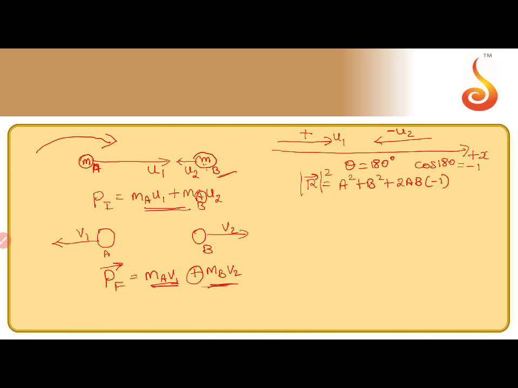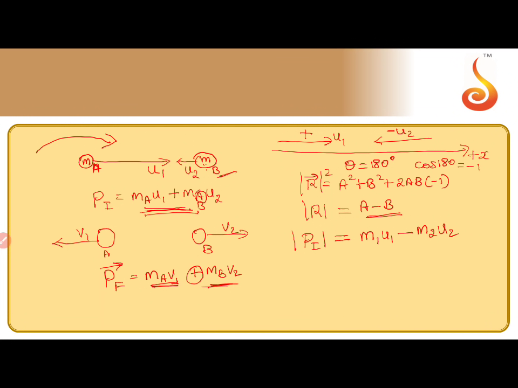This is A minus B the whole square. So your magnitude of the resultant will be A minus B. So your initial momentum should be given by this formula: Pi magnitude will be equal to m1 u1 minus m2 u2.